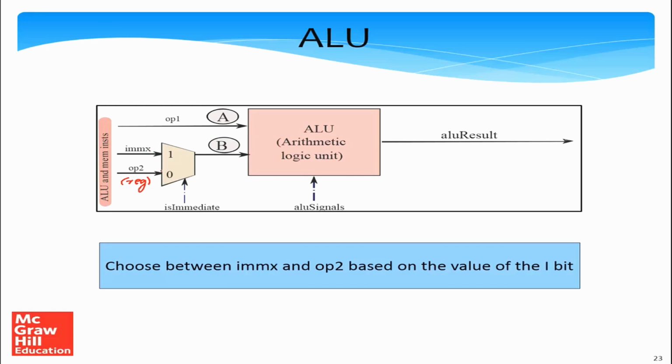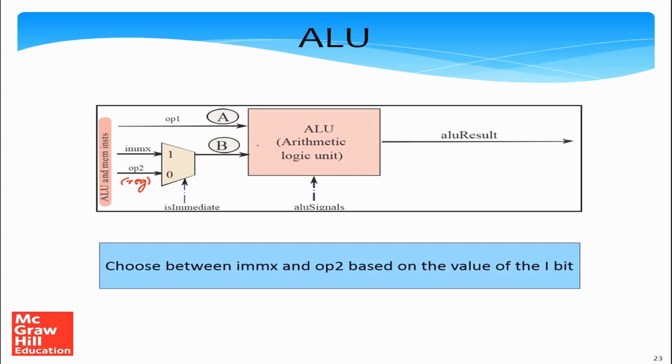So we need to choose between them for the second source, either a register or an immediate. This is done with the help of the isImmediate signal, which is again generated by the control unit. One of them is chosen, and that is used as an input to the ALU, the arithmetic logic unit.